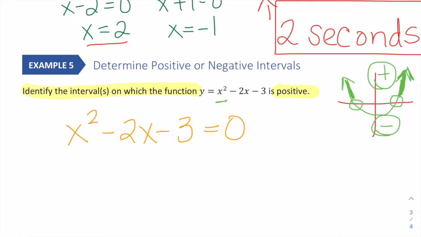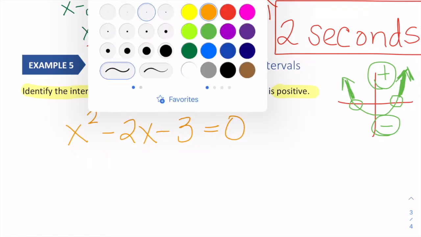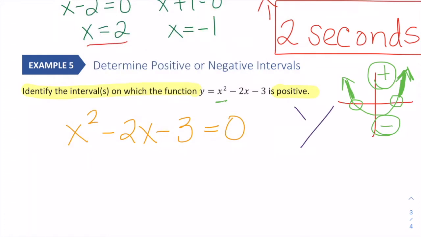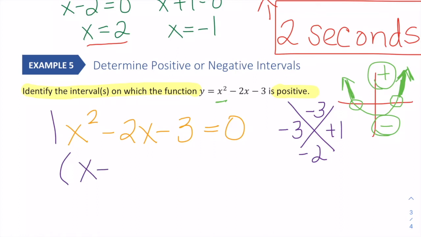Now we're looking for two numbers that multiply to make -3 and add to make -2. Let me write this a little bit bigger because it's getting too scrunched. It'll be -3 and +1. This has a leading coefficient of 1, so we know we can factor it right away into x minus 3 and x plus 1.